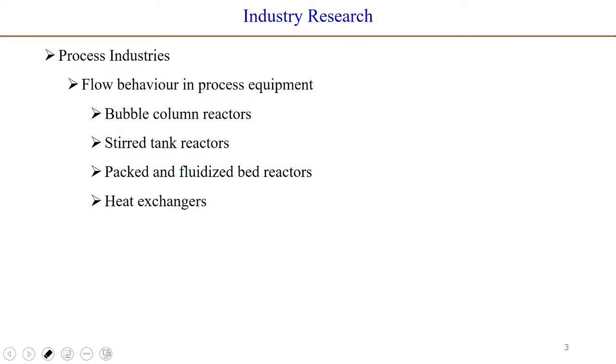The flow in most of these systems is multi-phase. And one of the important research topics these days is the multi-phase flow behavior, because the flow is relatively very complex in these systems.